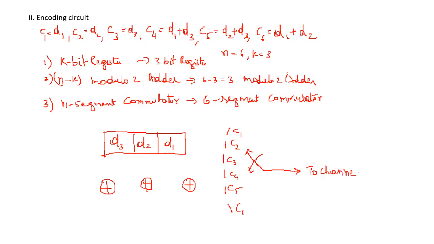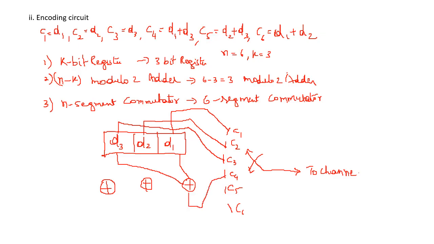So you have this k-bit shift register, n minus k modulo adders, and an n segment commutator. Now C1 is equal to D1, so we can connect it like this. C1 is equal to D1, C2 equal to D2, C3 equal to D3. So the first 3 bits are the same as the message bits, and we know C4 is equal to D1 plus D3. So D1 plus D3 will form C4.